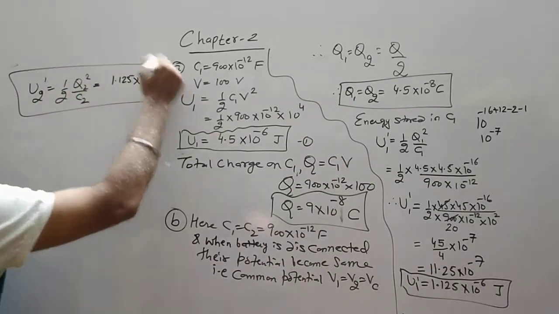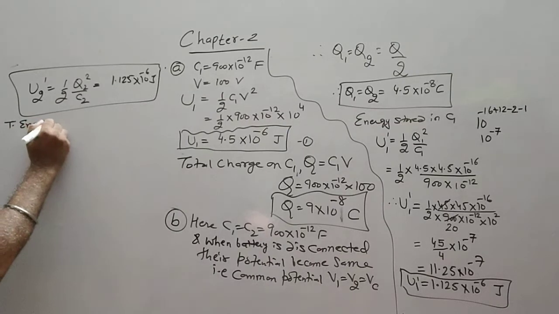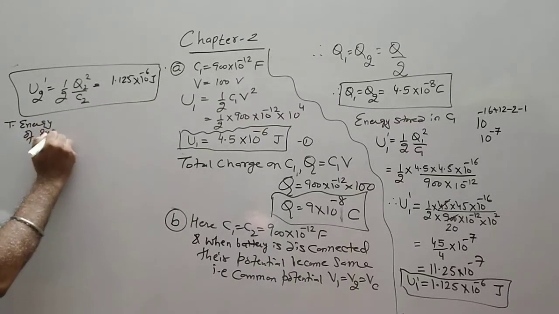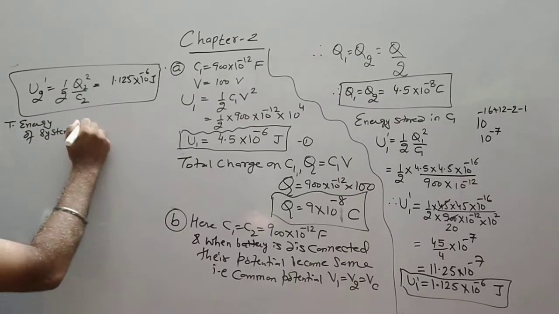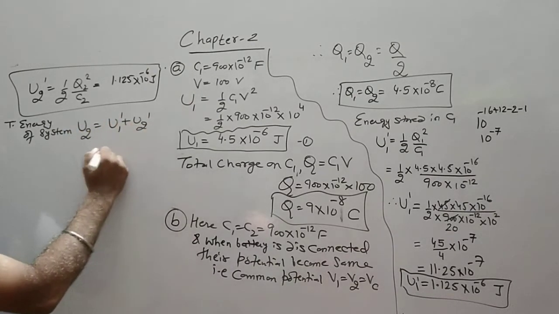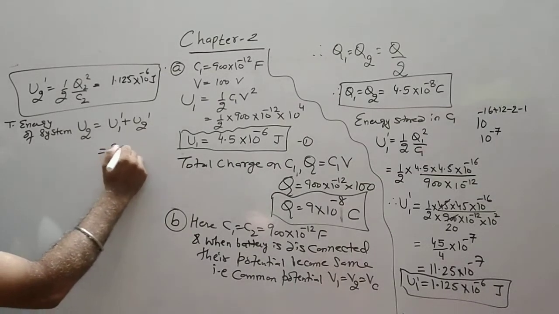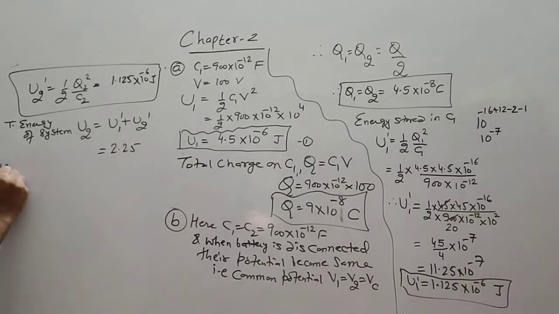So this is the individual value after disconnecting the battery. Total energy of the system is U1 dash plus U2 dash. If I do the total of this, it comes out to be 2.25, that is 1.125 plus 1.125.